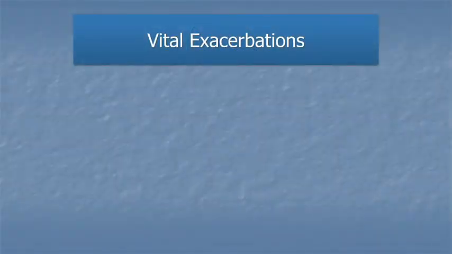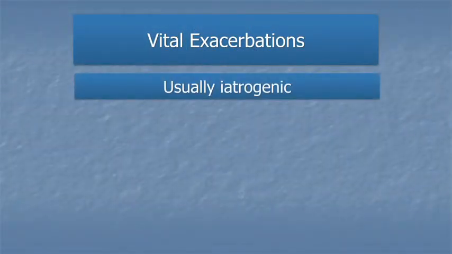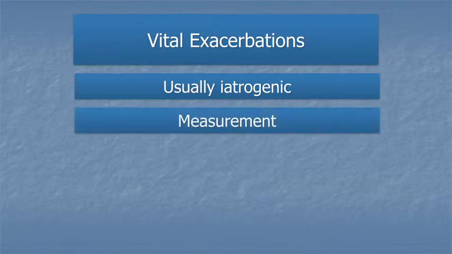Vital exacerbations have a series of factors that are usually associated with them. One is that they are usually iatrogenic. That means that something procedurally has happened to cause the patient to go from an asymptomatic condition to severe pain. Those iatrogenic conditions include the measurement. The measurement may have been inaccurately taken, or it may not have been properly recorded, or it may have been estimated.